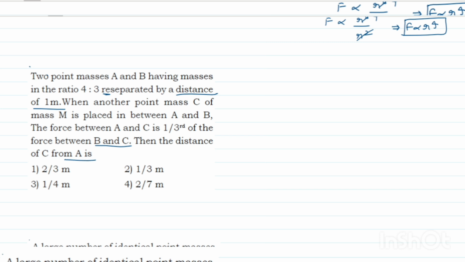Here it is given as two point masses A and B. They are in the ratio, so the mass of A you can take as 4m, and the mass of B as 3m. These two are separated by a distance of 1 meter.